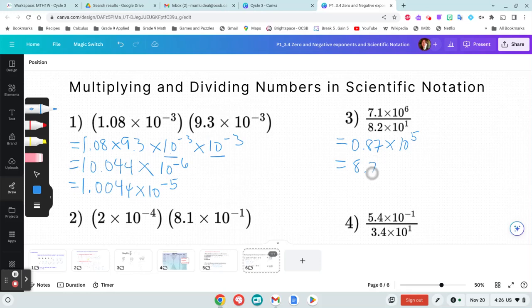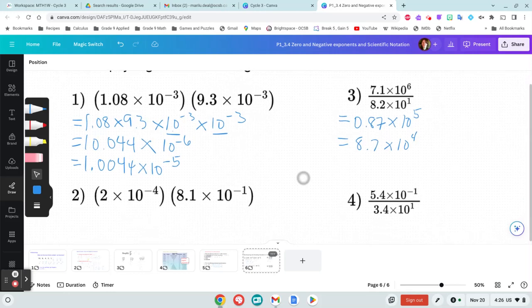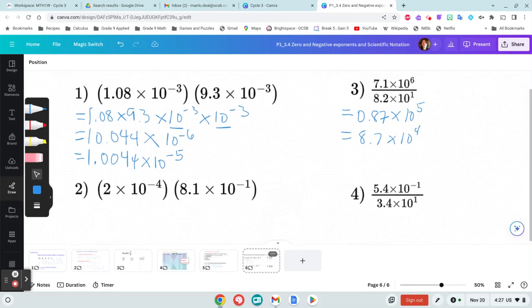So I'm going to have 8.7 times 10 to the 4. So why don't you pause the video, take a minute, and try the next two. I realize on your paper, the third example there's a little bit of a typo, so you can scratch that out and we'll fix it.